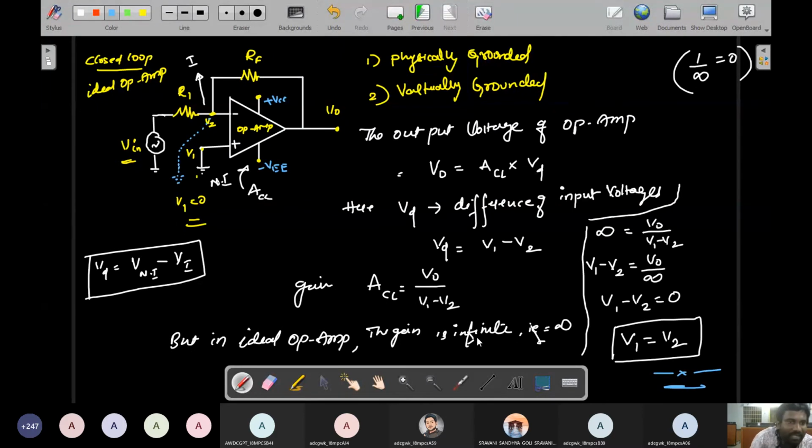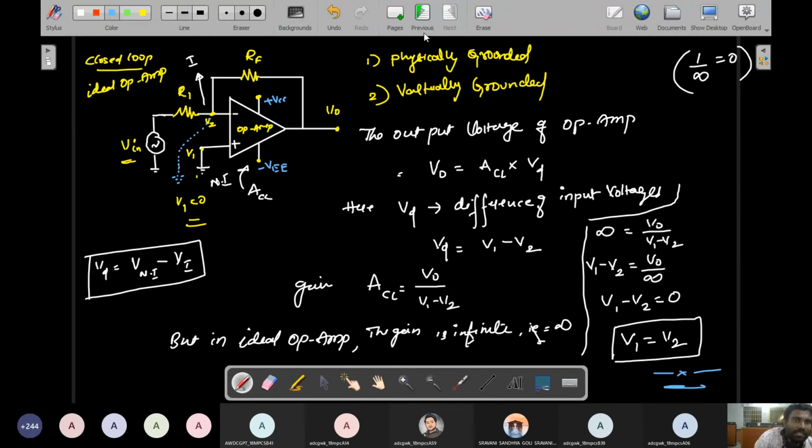Practically it is not valid, because the gain of the operational amplifier practically has some value. So 1 by some value is never equal to 0. That's why this concept is completely wrong for a practical operational amplifier. It is only valid in an ideal operational amplifier.